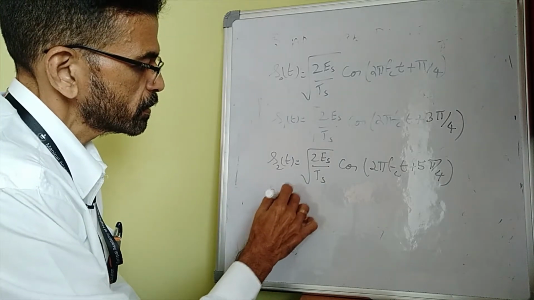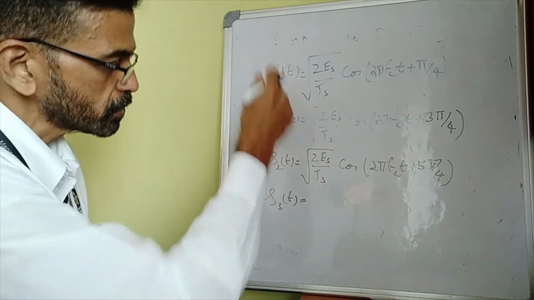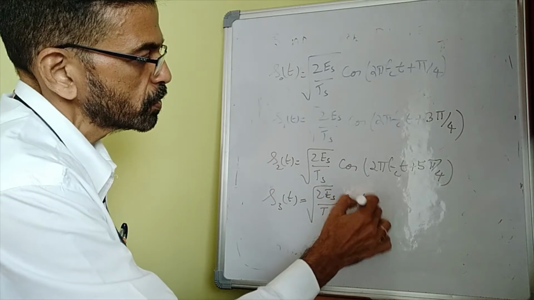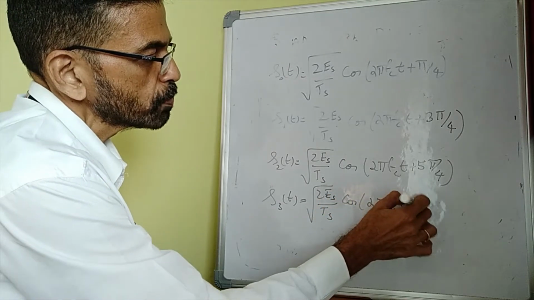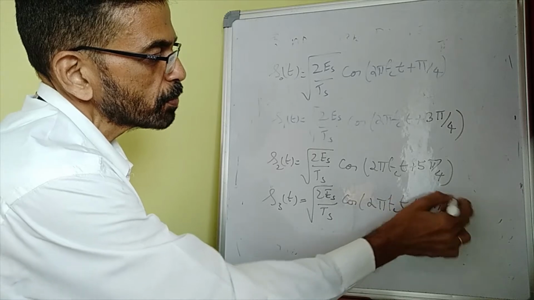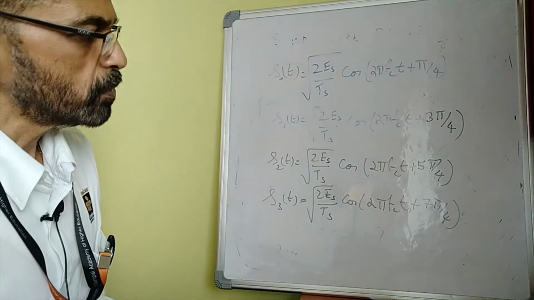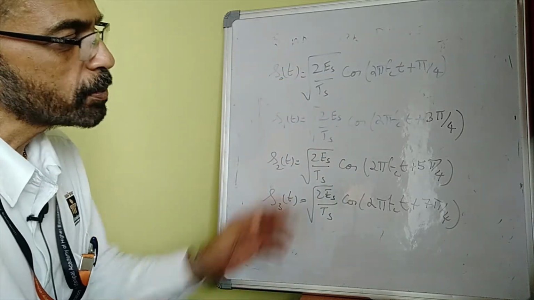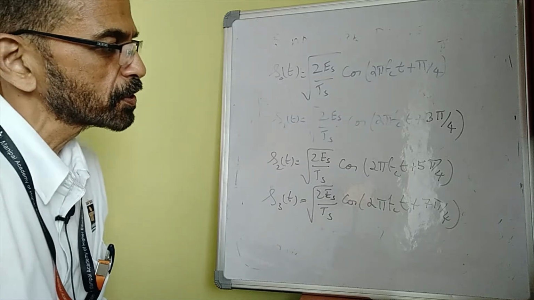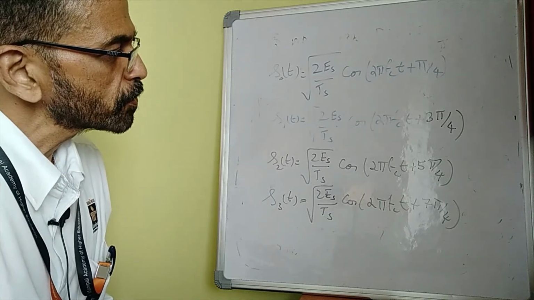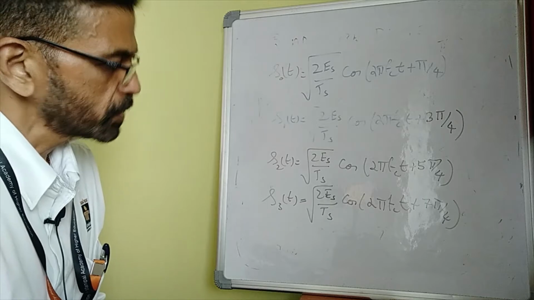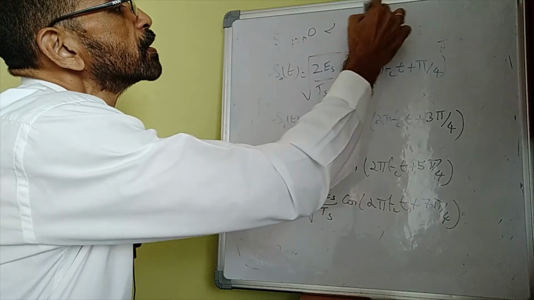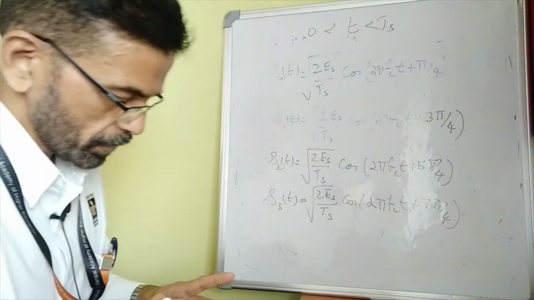And the last signal, that is the fourth signal, will be root of 2Es by Ts cos(2 pi Fc t plus 7 pi by 4). So we can have four signals like this, and you can see that they are the same except for the fact that their phases are different, and they are of energy Es, and the duration of these signals is Ts, 0 to Ts.